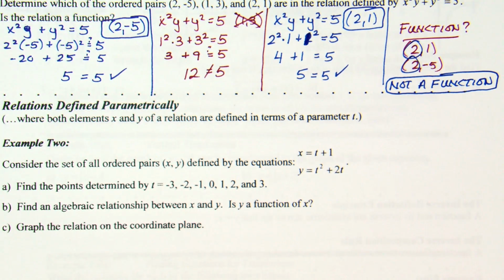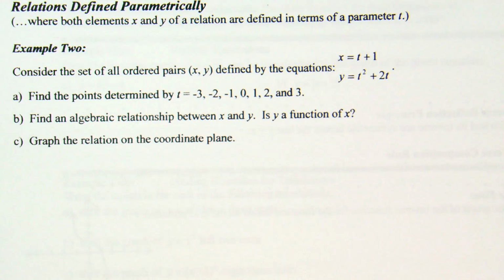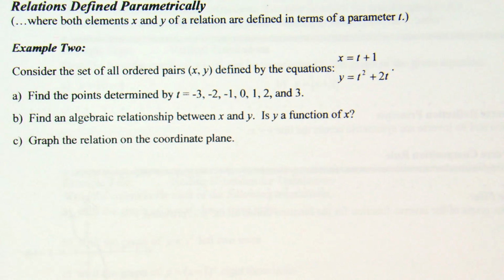Now, we're going to look at this problem, and there's going to be several things we go through. I believe you have something similar to this in homework, where you're doing these same types of questions.